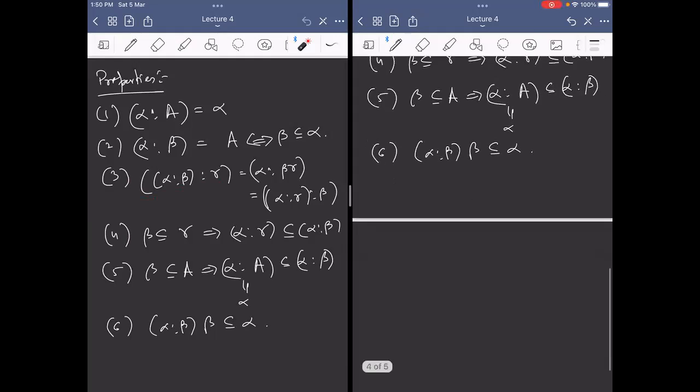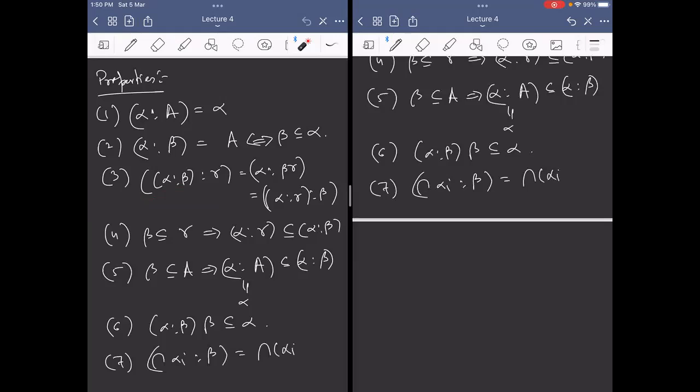Now some sort of associativity property is there. We have discussed the associativity property. Some sort of distributivity kind of things are there. You take the intersection of alpha_i colon beta, then it becomes the intersection of alpha_i colon beta.